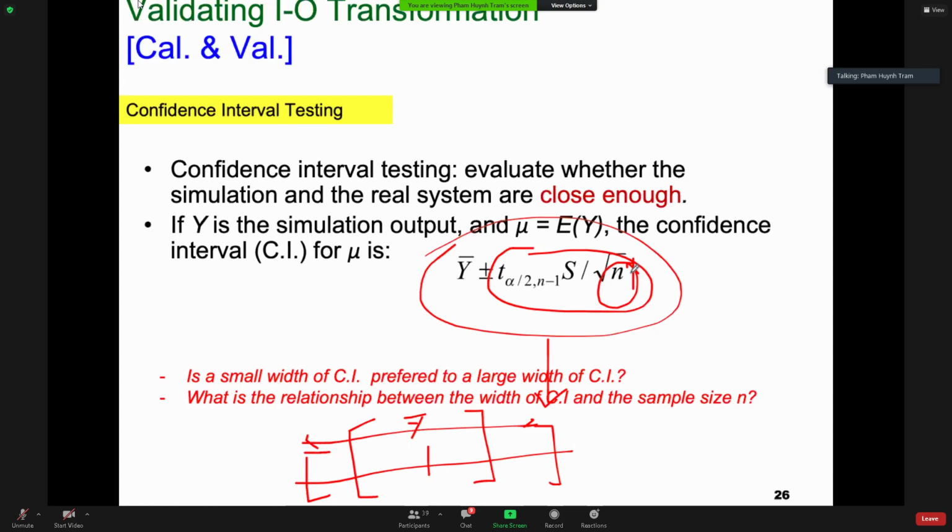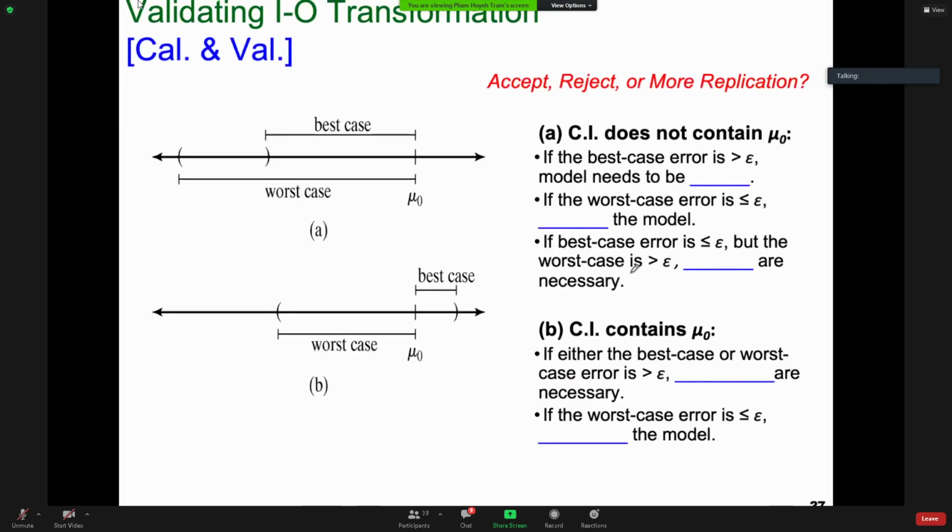Okay, now let's go to the next point, how to use the confidence interval to test, to validate our model. We will have two situations here. Let's say this is our confidence interval.